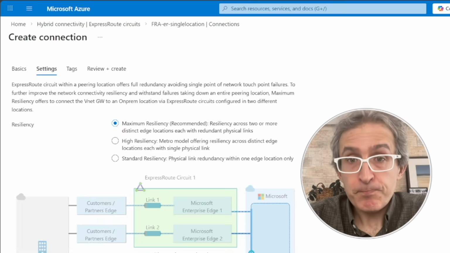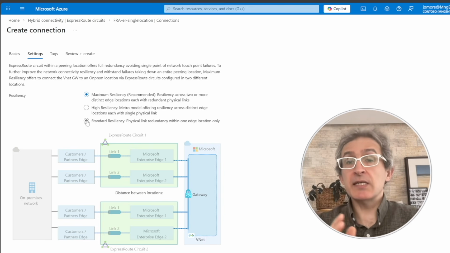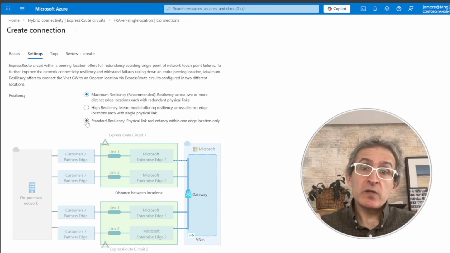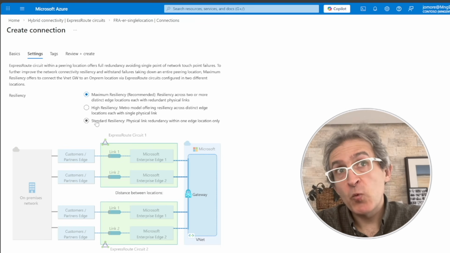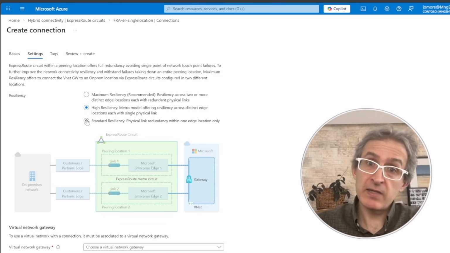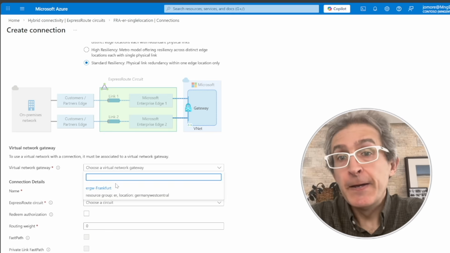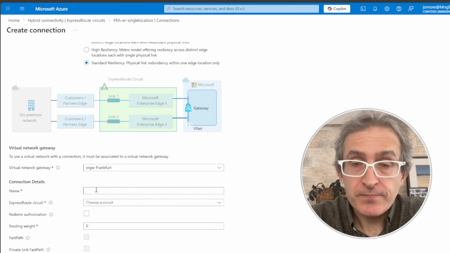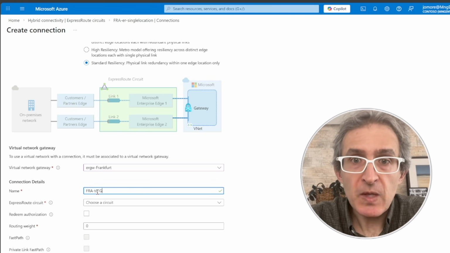Here again, you see some resiliency suggestions. In this case, we are connecting our circuit to one single gateway. What this is telling us is that we might want to consider having a second circuit on a second ExpressRoute location, just in case that ExpressRoute location had an issue, but that's maybe something for another video.